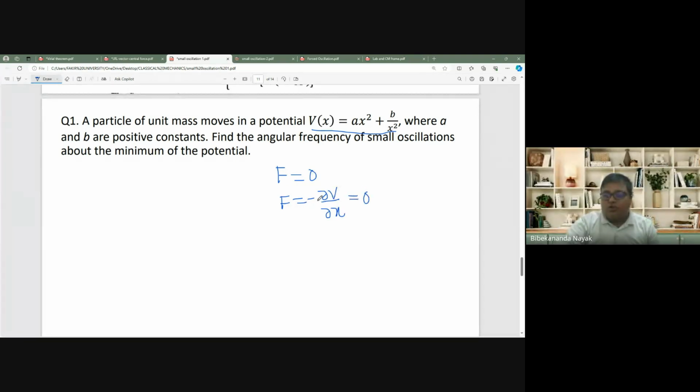So if you multiply both sides by minus, it is still zero. V is given, so you have to calculate del V by del x.